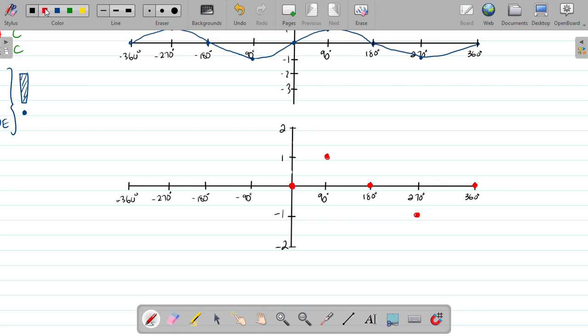If we go backwards, sine of -90, put it in your calculator, you'll get -1. Then sine of -180, you'll get 0. Sine of -270, you'll get 1. And then sine of -360, you'll get 0.